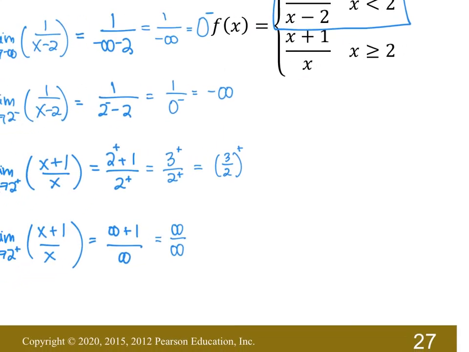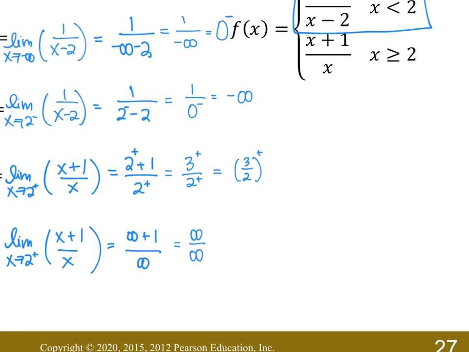And so I need to go back and divide by the highest value of x. So I'll continue this problem going back to my limit notation. And I will reduce, and I'll have 1 plus 1 over x over 1.